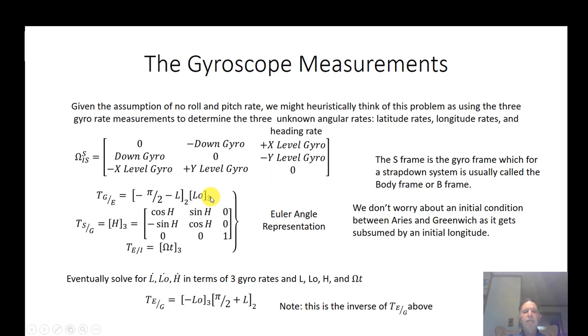Given the transformations from ECEF to geographic frame and from gyroscope frame, which is the S frame, to geographic, and the transformation from inertial to ECEF, we can combine those to obtain expressions for what the gyroscopes measure.